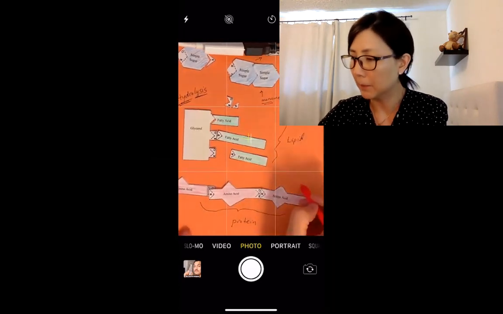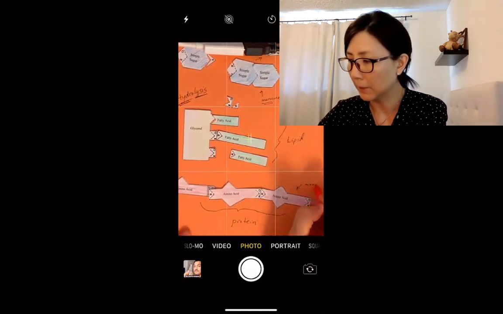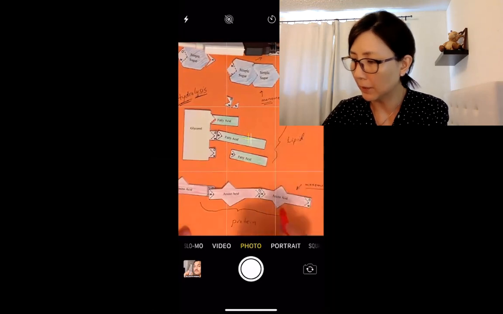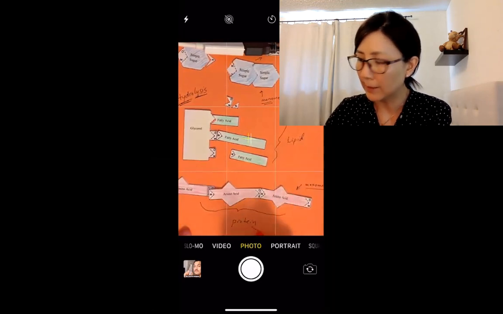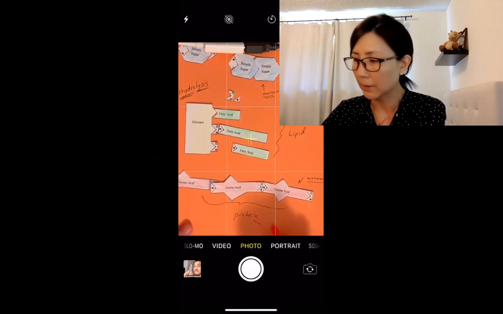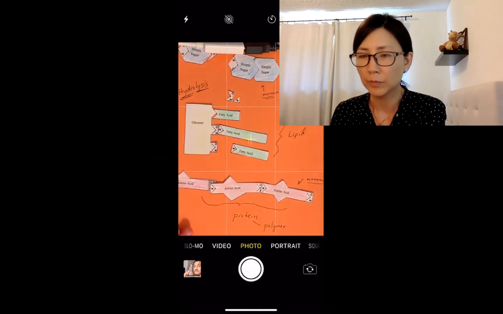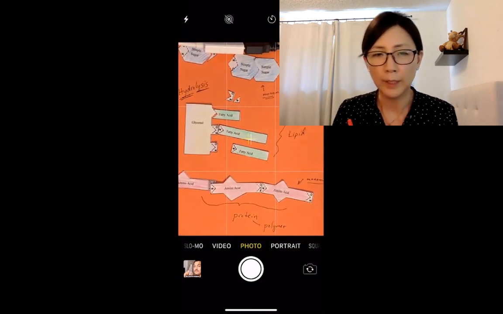And these are the monomers. Okay, this is a monomer, the single unit amino acid, and this is a polymer. Okay, so hopefully that makes sense.